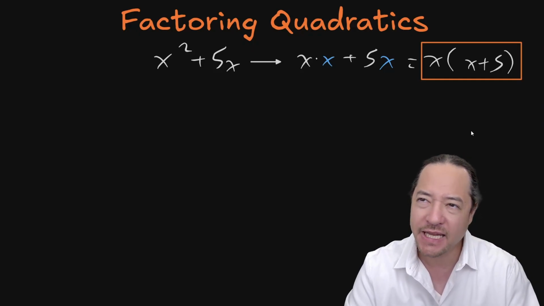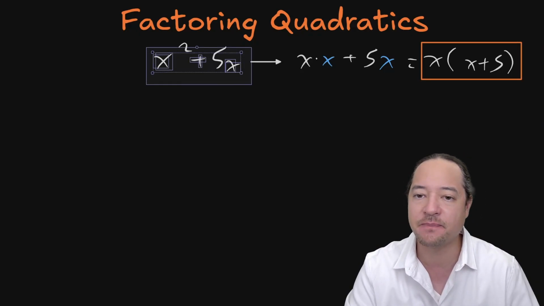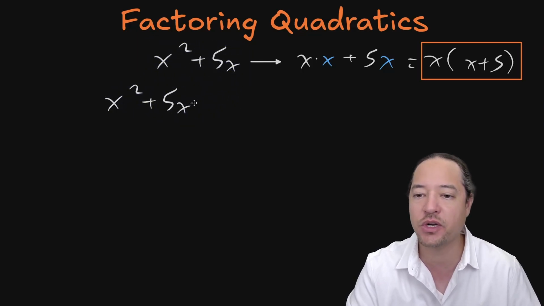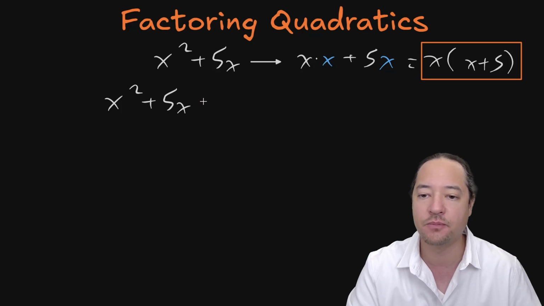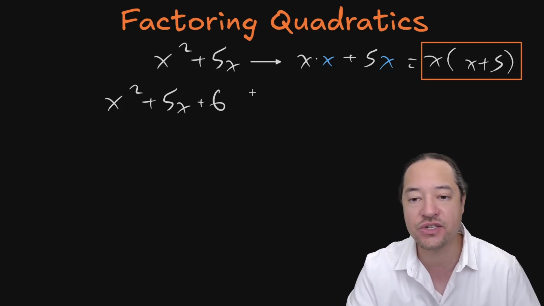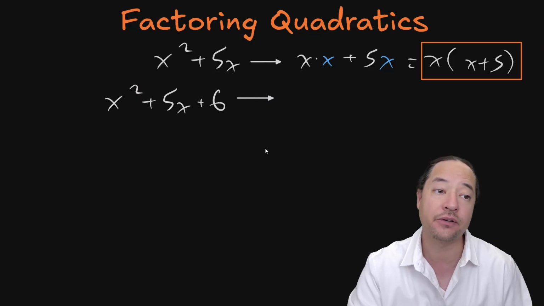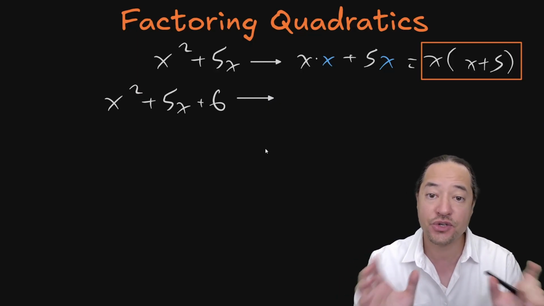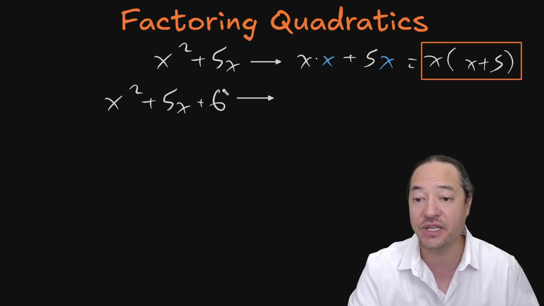Now, what if I made this expression just a little bit more complicated and said it was x squared plus 5x plus 6? Just add a 6 over there. Now the question is, can I factor that? Could I break this into two factors that multiply together and give me this expression?